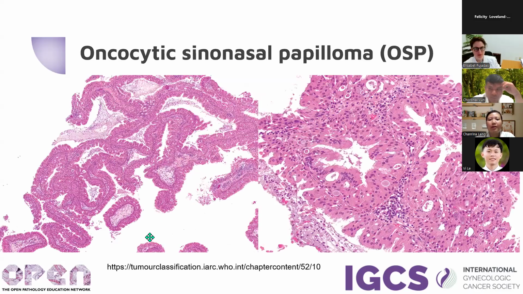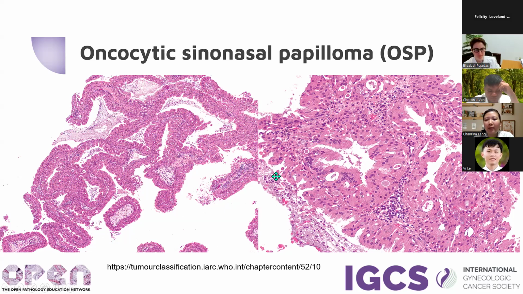For this microscopic appearance, we see a papillary architecture with a fibrovascular core, and the cells look columnar with pink cytoplasm. And here we see that the cells have endophytic growth around here.